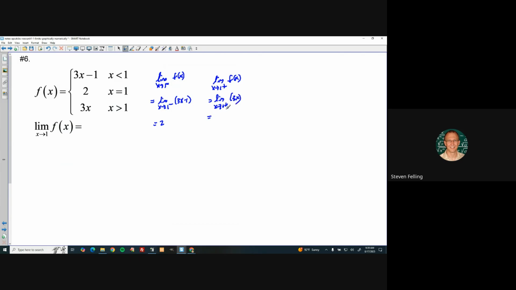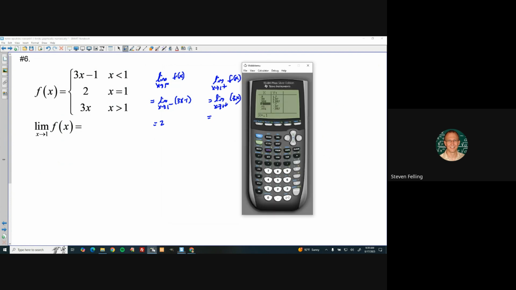And so if I plug in numbers above 1 into this function, which is 3x, not 3x minus 1, we'll delete that out. Different rule on the other side here. I'm going to go to the table and go to 1.1, 1.01, 1.001, and that appears to be approaching the number 3.